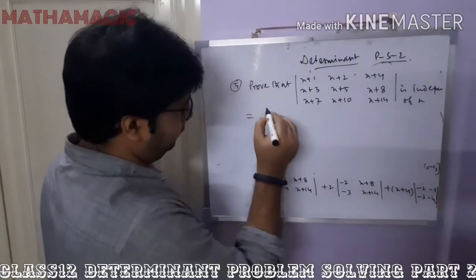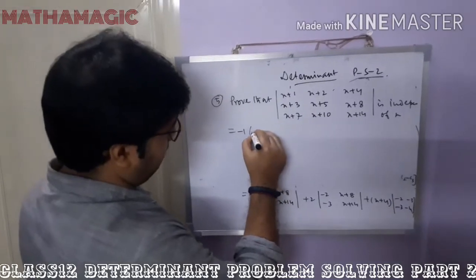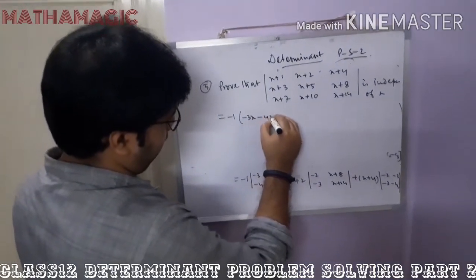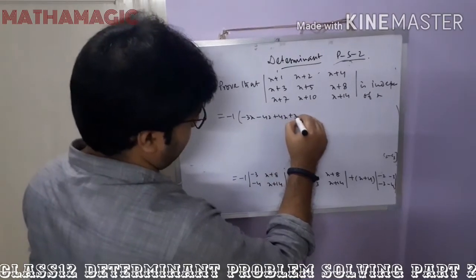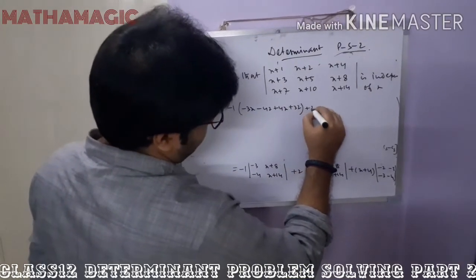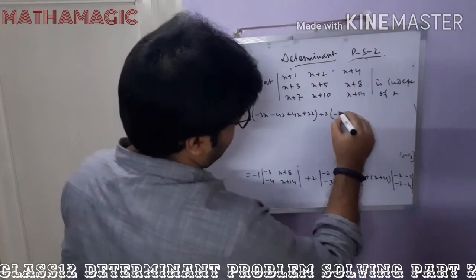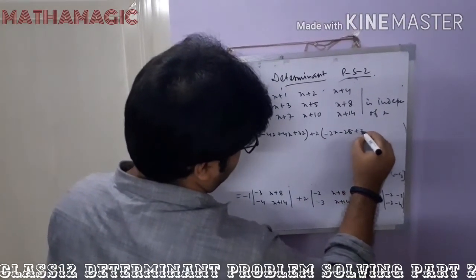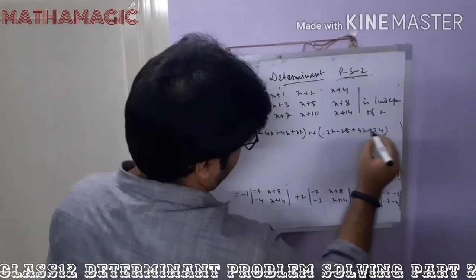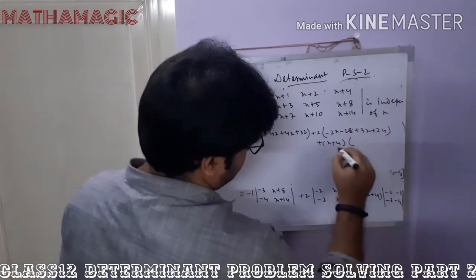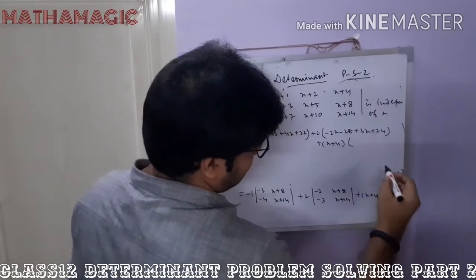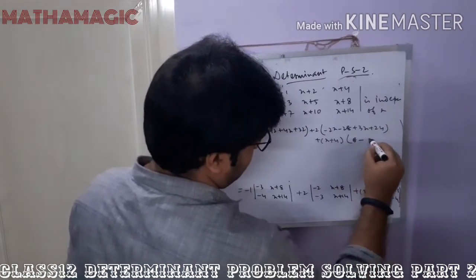So by calculation we'll get minus 3x minus 42 minus 4 plus 4x plus 32. Okay, so it is plus 2 into minus 2x minus 28 plus 3x plus 24, plus x plus 4 into 8 minus 9.